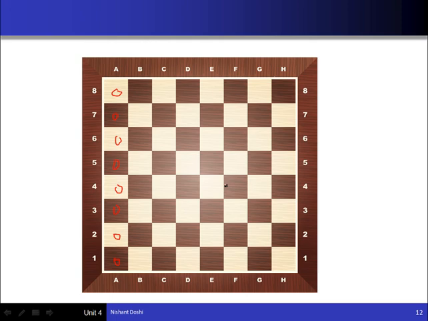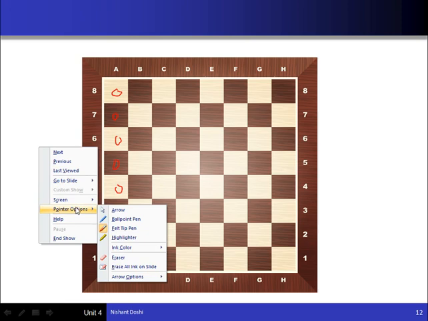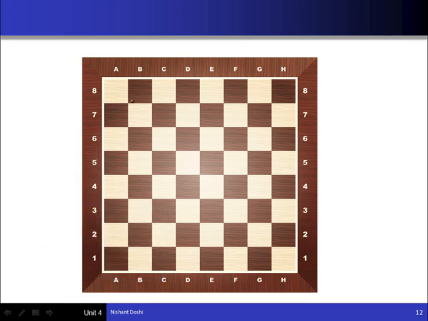Therefore, here we have to place the queens in such a way that no two queens will be in the same column. So consider we have placed one queen here, maybe one queen here, one queen here. Clear? So we are not putting any queens in the same column.